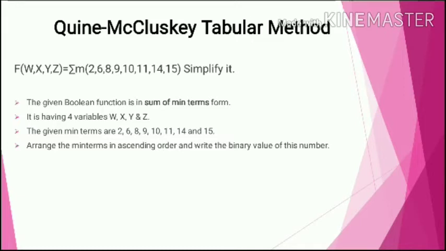So the given Boolean function is in the form of sum of minterms or sum of products form. f stands for the Boolean function, and w, x, y and z are the 4 variables used here. The minterms are 2, 6, 8, 9, 10, 11, 14 and 15. Using the tabular method, let us see how the Boolean function can be simplified.